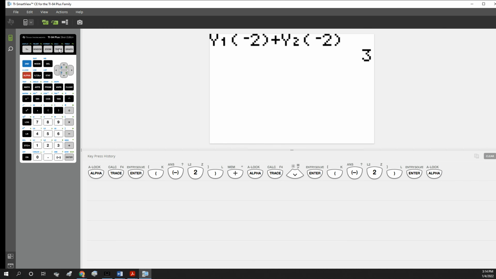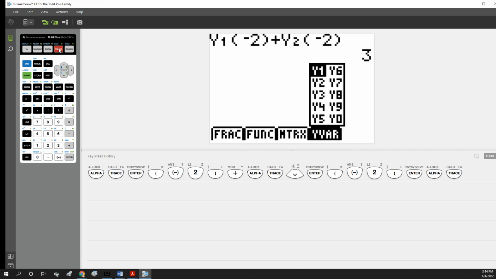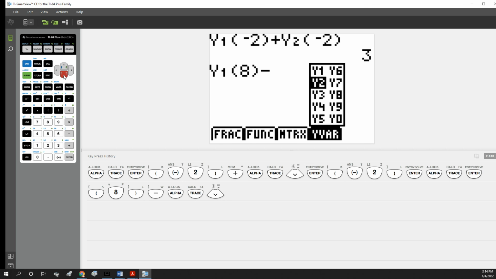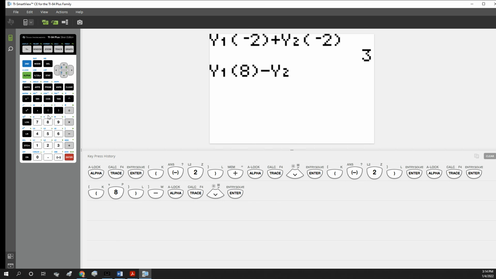So to get y1, remember we do alpha trace of the number 1, and this time we're putting in 8. And this time we're also subtracting. And then y2, all right, that's going to be 93.